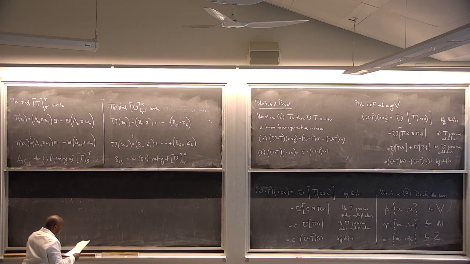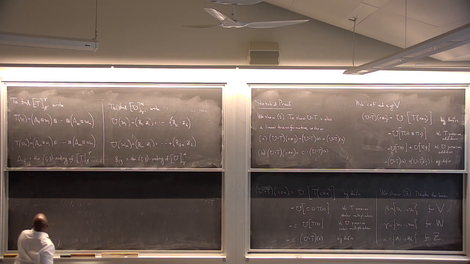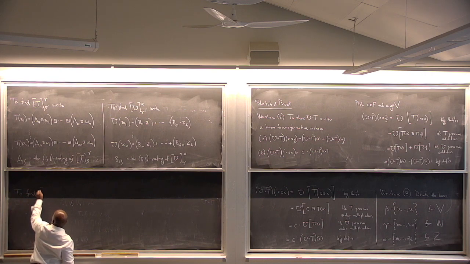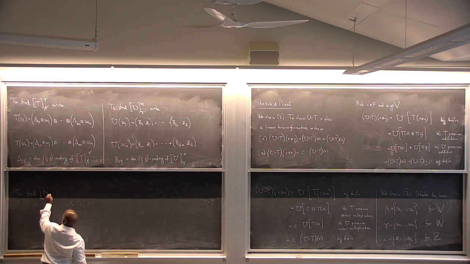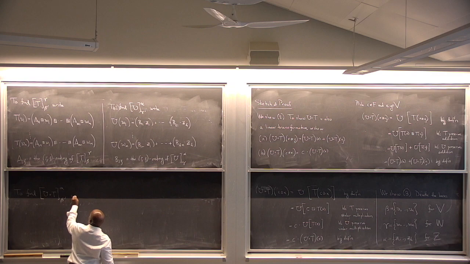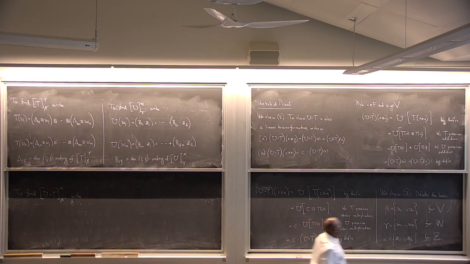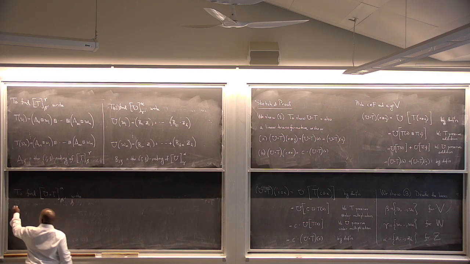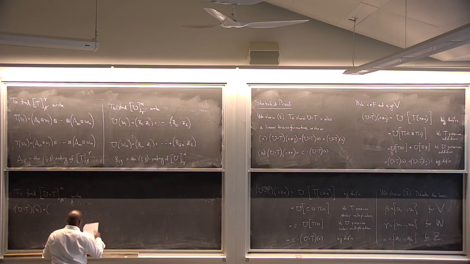Now, on the one hand, to find, let's say, the matrix representation for the composition, let's just write everything out going from the basis beta to alpha. So we'll just pick elements in the basis for beta. And these will be some coefficients.